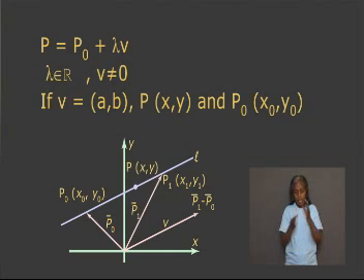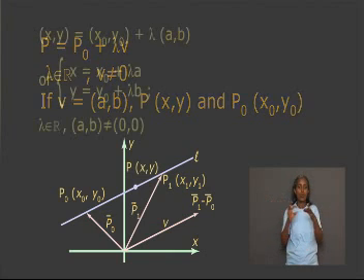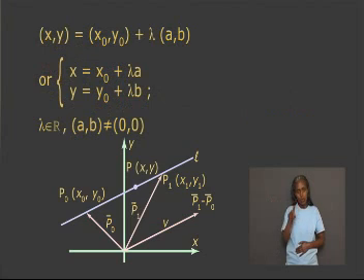If V, P, and P0 are established with these coordinates, the equation can be written this way. Once again, the scalar is a real number, and A and B cannot be equal to 0.